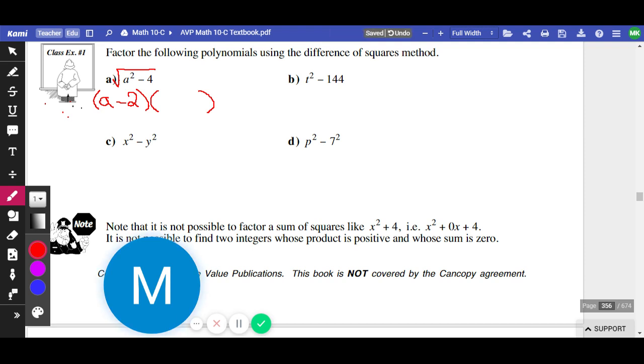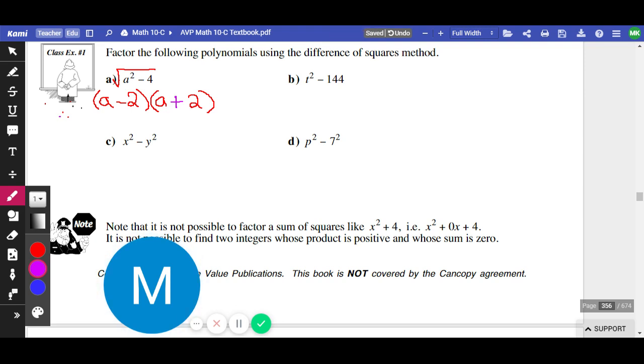If you also remember, most times when we factor, we end up with 2 binomials. The second binomial is the exact same thing as the first binomial, except with a plus symbol in between. So I got a minus 2 and a plus 2.